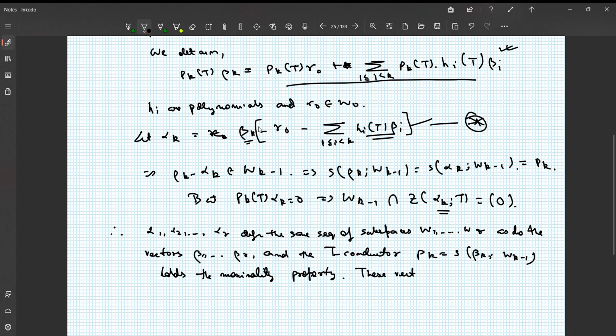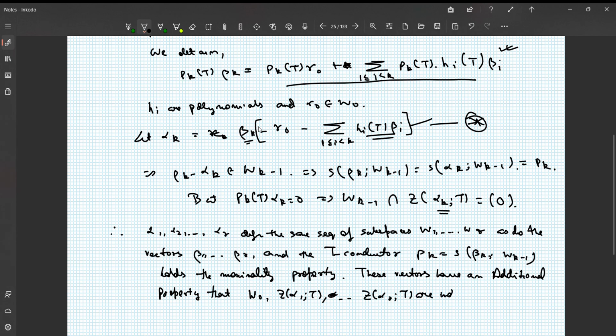Clear? What is the only difference? These vectors have an additional property, that W naught, Z(alpha 1; T) and so on till Z(alpha r; T) are independent. Clear?